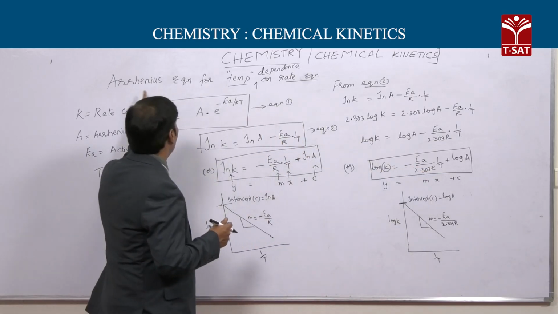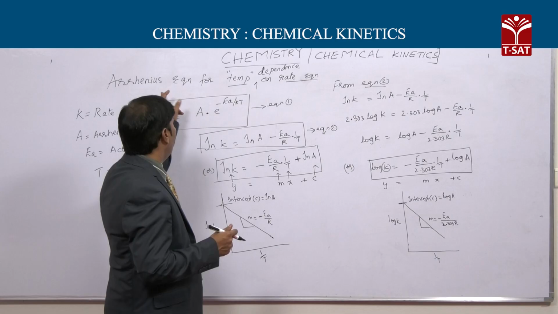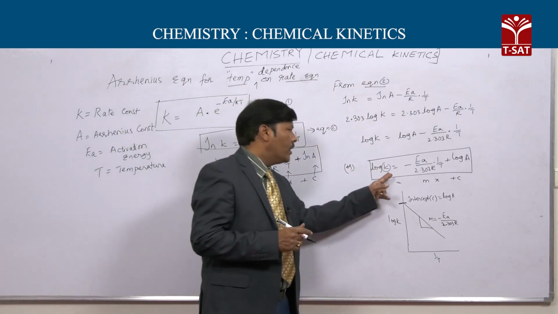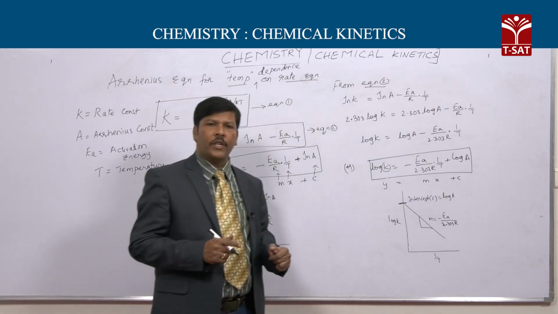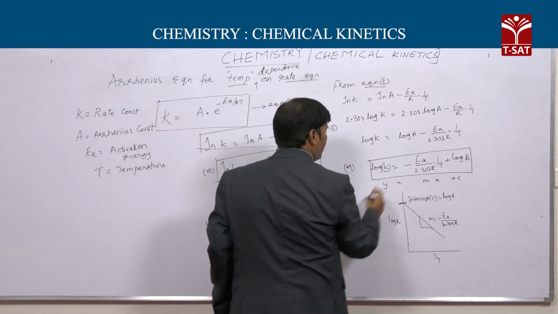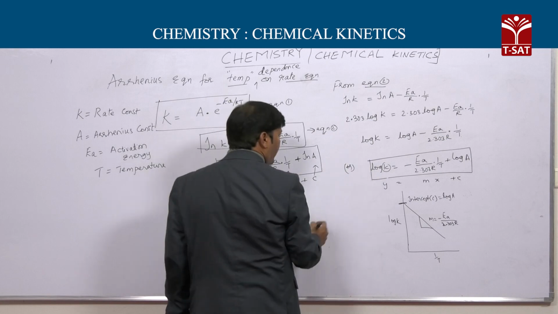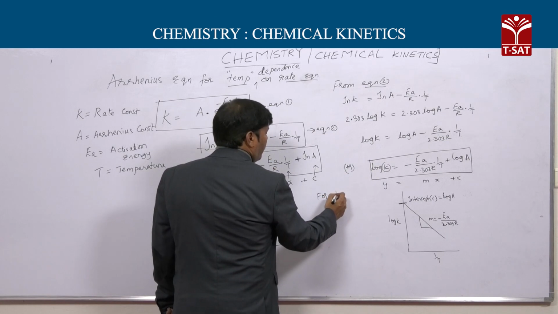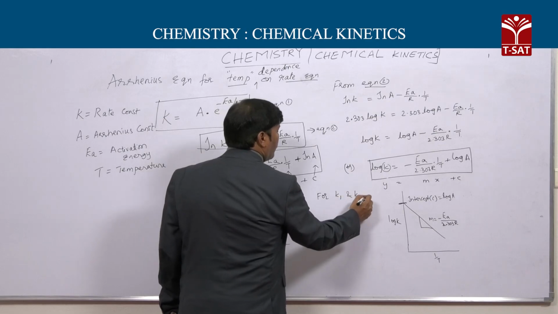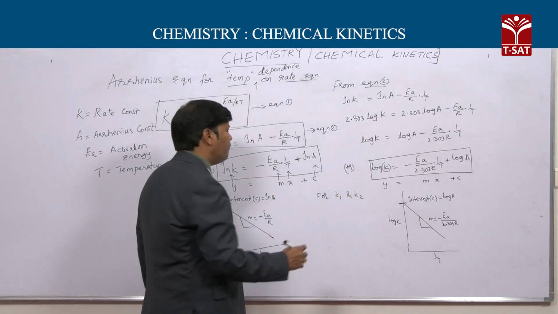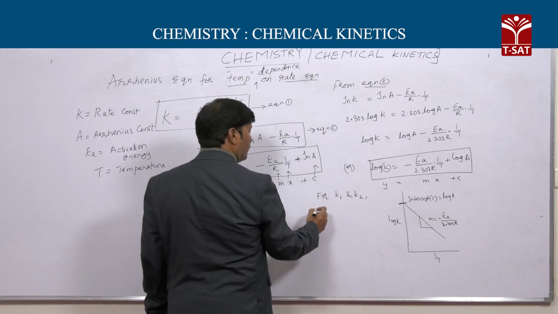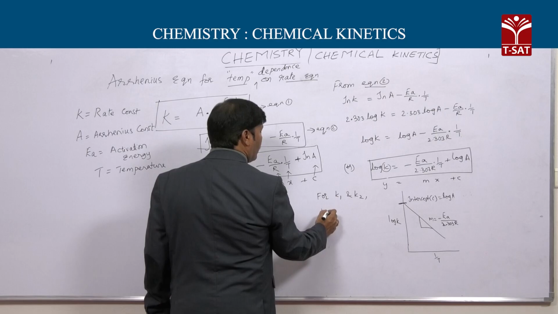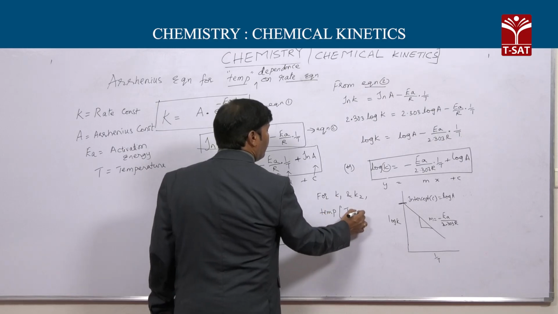So if there are two different rate constants, K1 and K2, then the temperatures will also differ, that is T1 and T2.